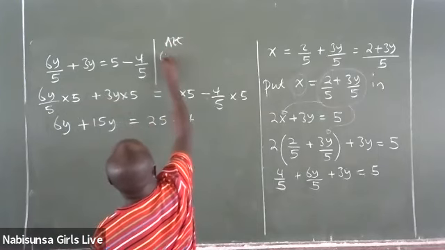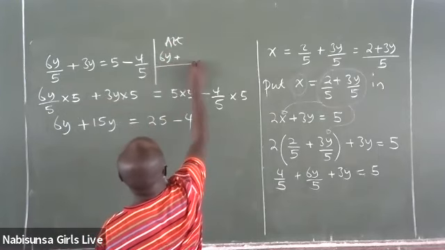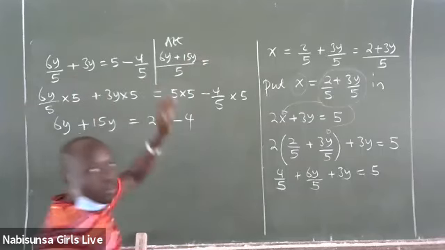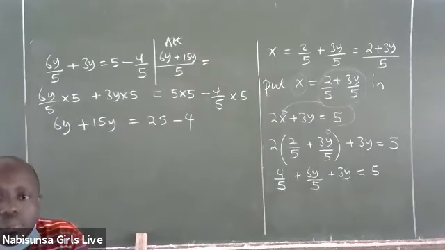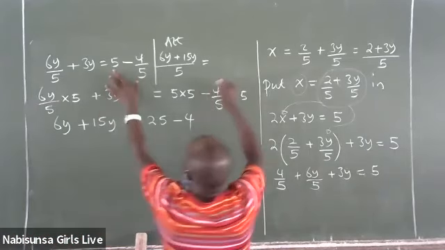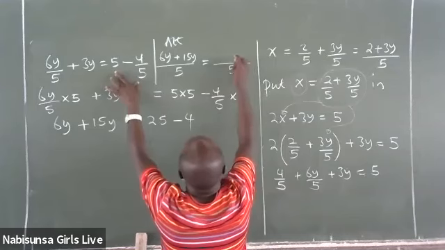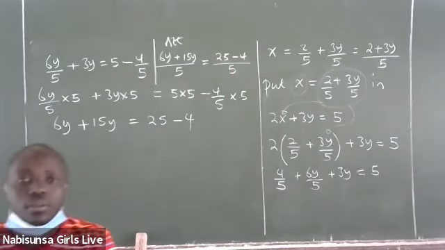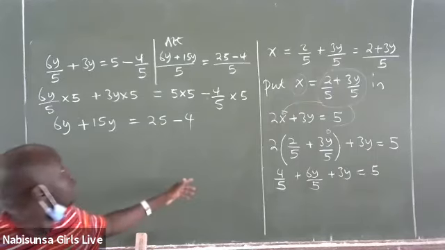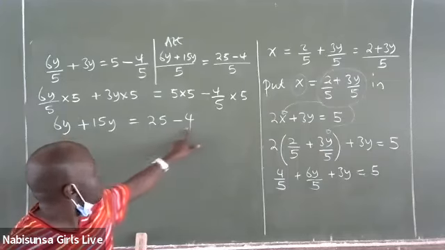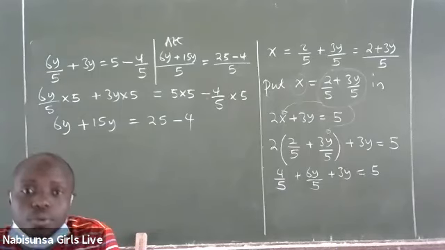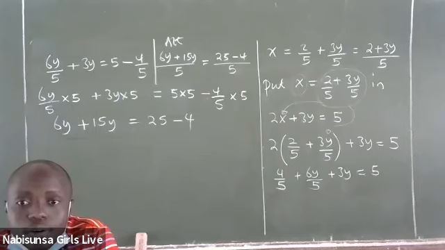Or alternatively, if everything is supposed to be out of 5, then this 3y must become 15y. Elizabeth, do you agree? Yes. So teacher, if we put this one under 5, you will still get 25 minus 4. Elizabeth, do you agree? Yes. So don't you think I'm getting the same result here? Because these 5s will cancel. Oh, okay. I get it.